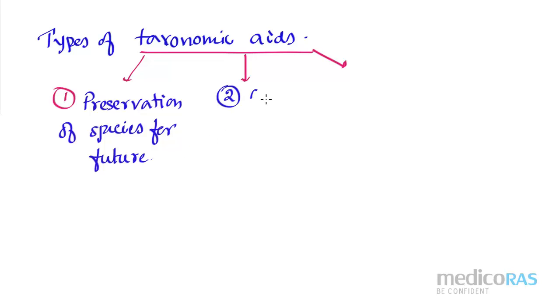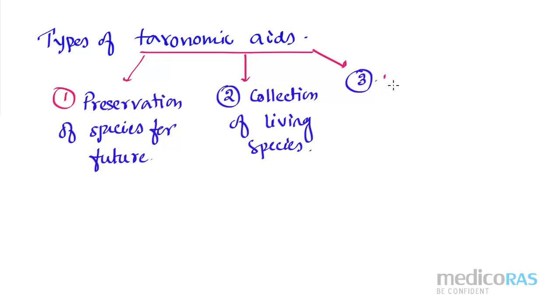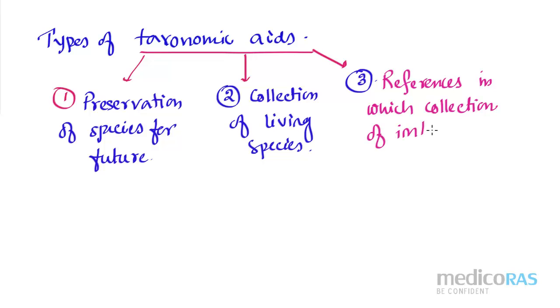Then number 2, collection of living species. Correct? And number 3 is what? It is the references in which collection of information is there, right? So we have 3 different types of taxonomic aids.